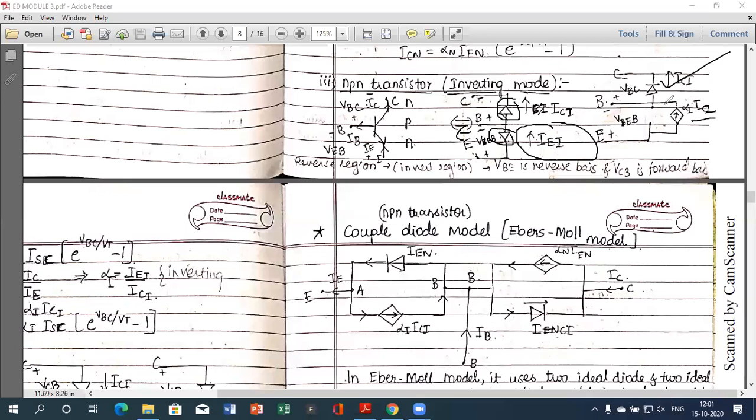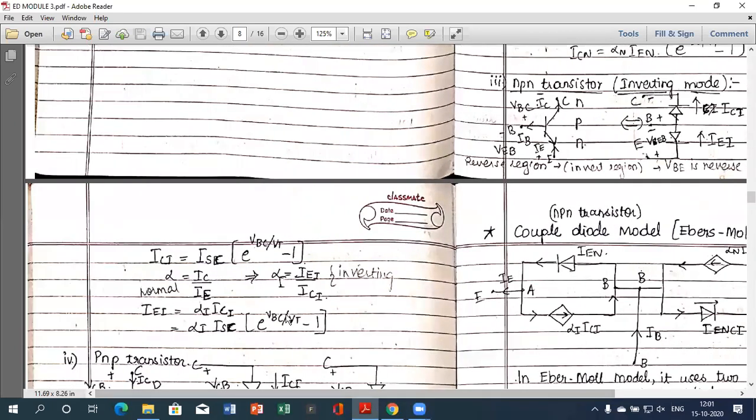Now again we have to derive the equation for this circuit, which will be shown here. The main current which flows through this diode, which is forward biased, is ICI. This one is reverse biased.